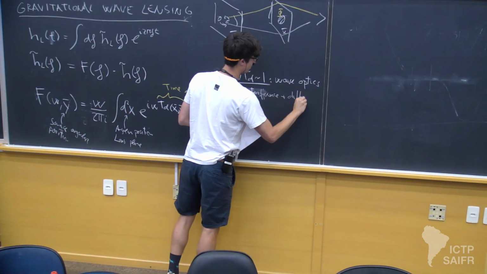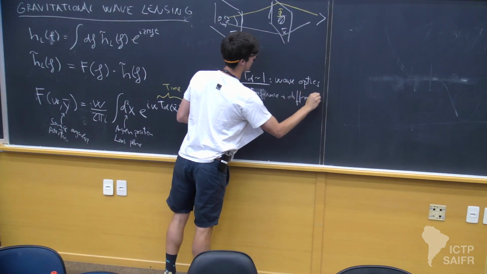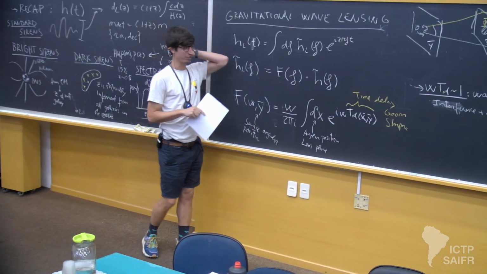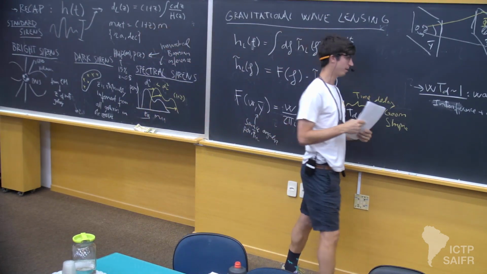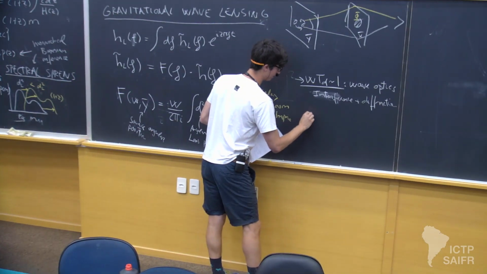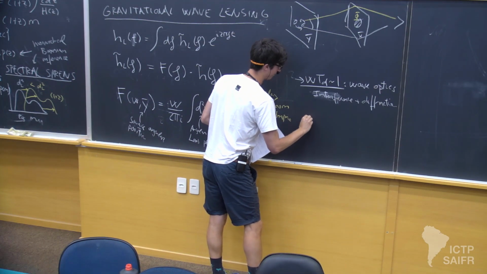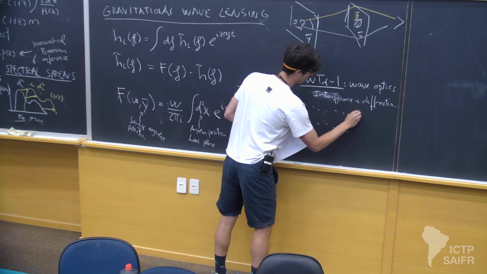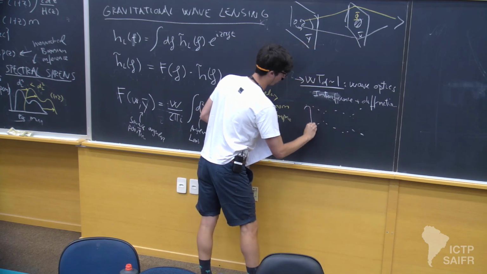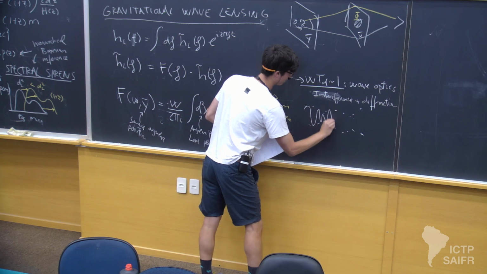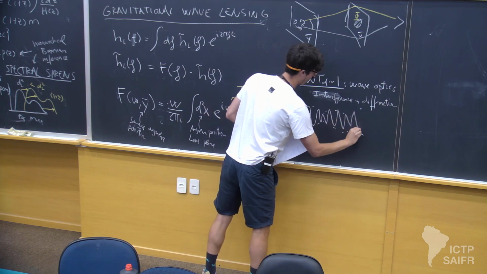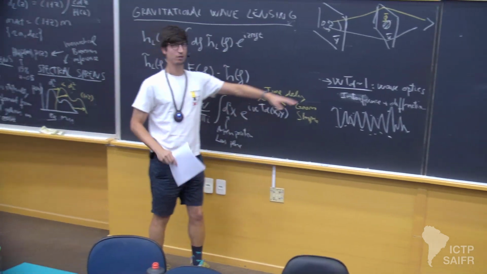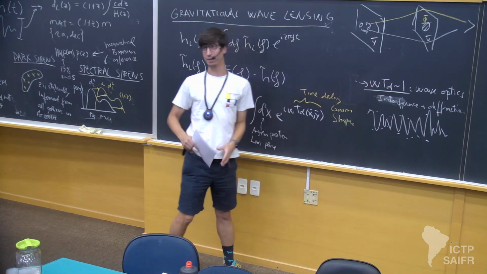This means that the different paths that solve this configuration of source, lens, and observer can interact with each other. In practice, it means that our gravitational wave signal could be modulated given the interference of multiple copies of the same signal.